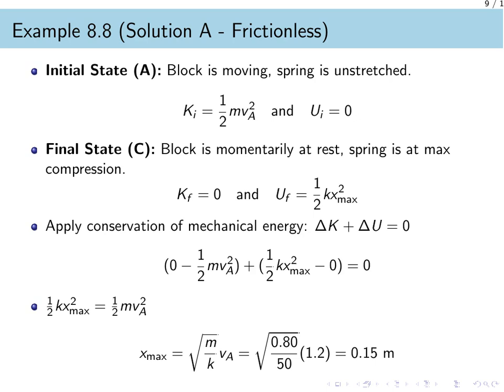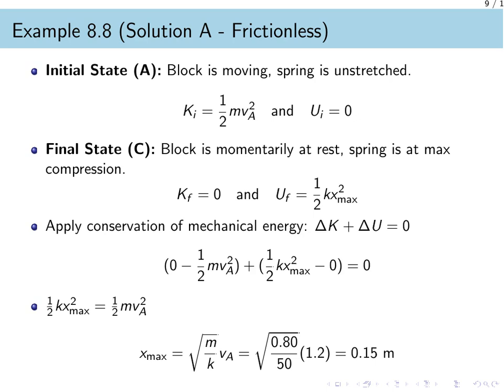The final state is when the spring is at its maximum compression, x max. At this exact moment, the block is momentarily at rest, so the final kinetic energy is 0. All the energy is now stored in the spring as potential energy, so U final is 1/2 k x max squared.